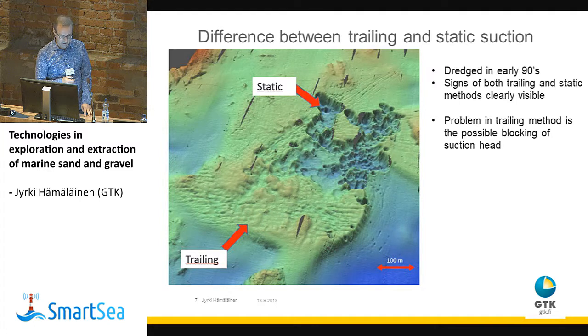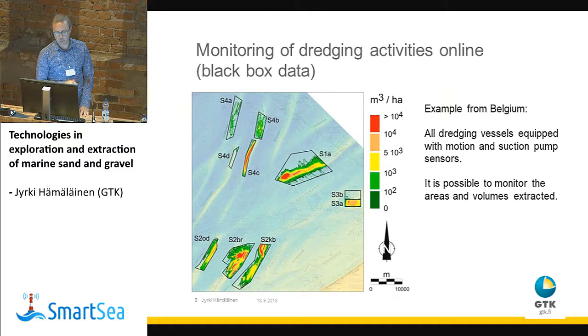Then how to monitor these activities. This is an example from Belgium. All dredging vessels are or can be equipped with sensors. The automatic identification system, AIS, is a normal thing in all vessels, so you can see where they are moving.